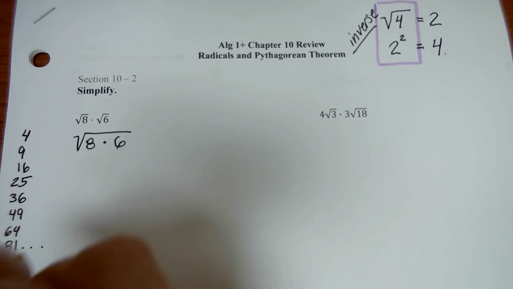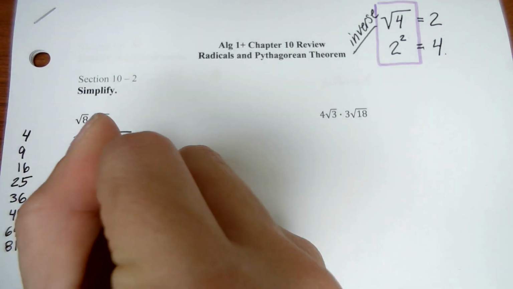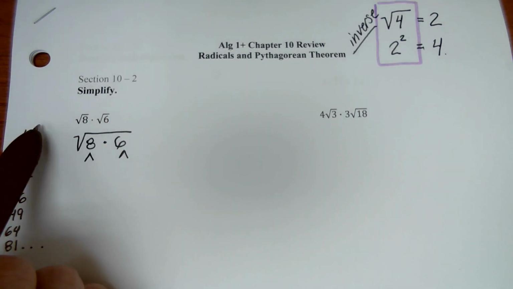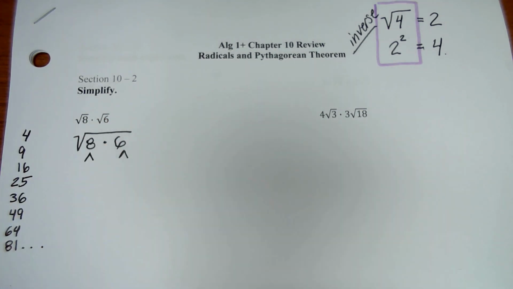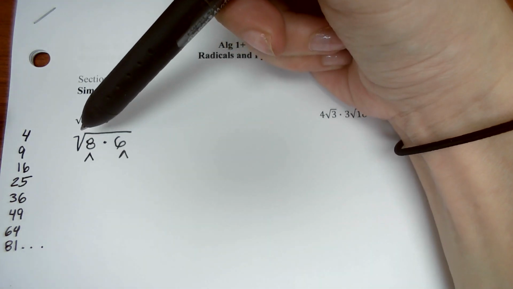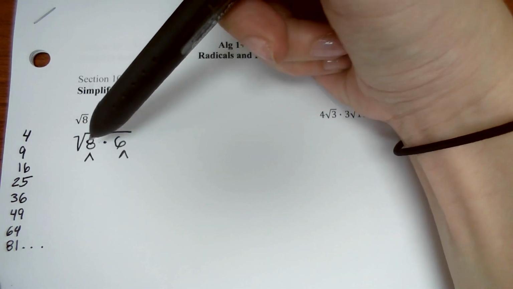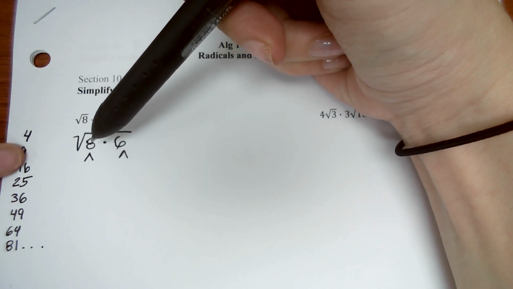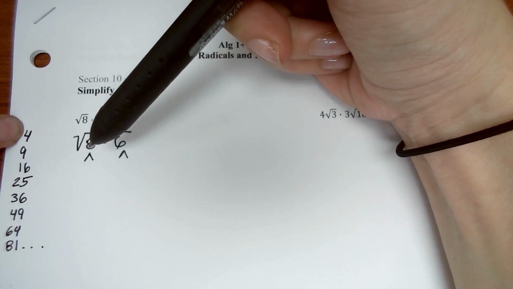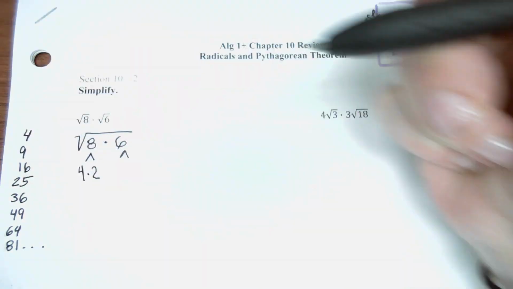When we do that, we can then use our factor trees to hunt for those perfect square factors. Starting with 8, I ask myself, can any of these perfect squares go into 8? As I go down my list, I see that yes, 4 is a perfect square, and it is also a factor of 8.